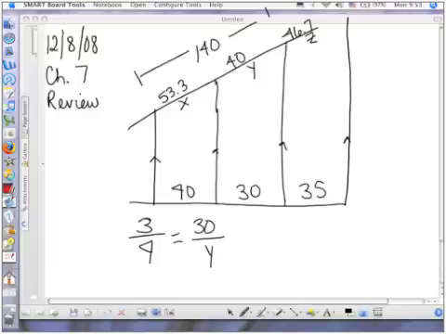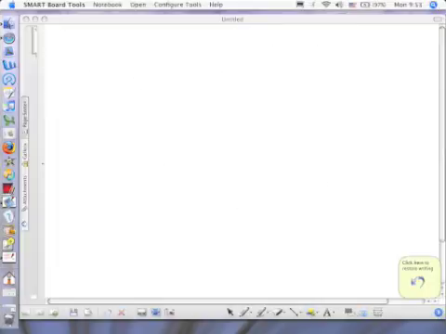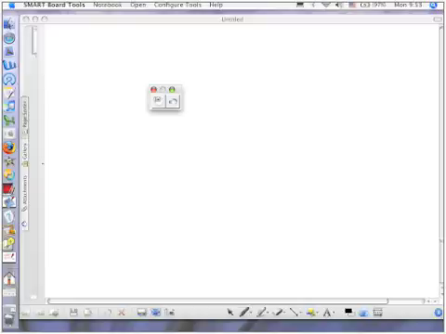Number 11 dealt with parallel lines. You had 3 parallel lines cut by a transversal.